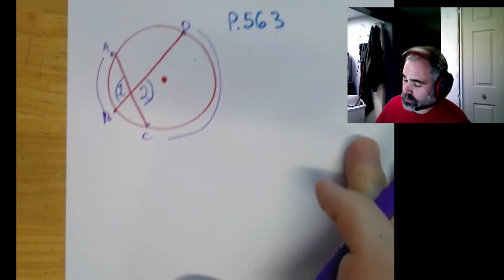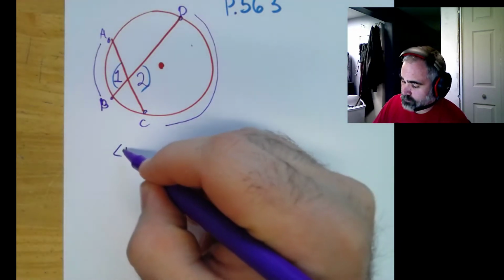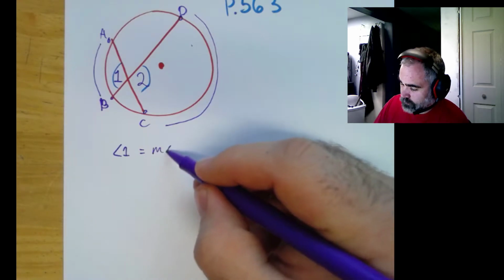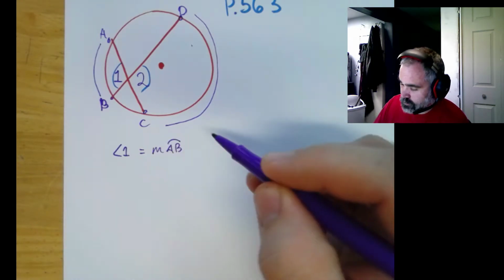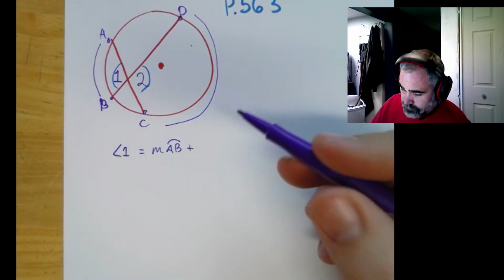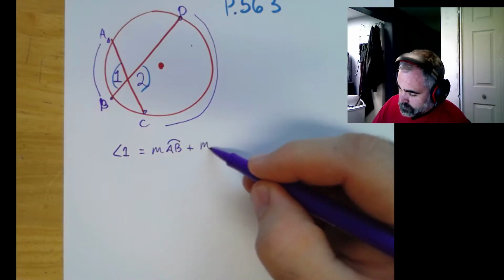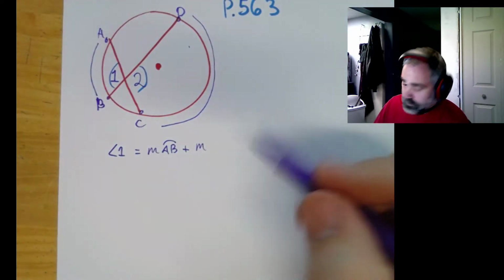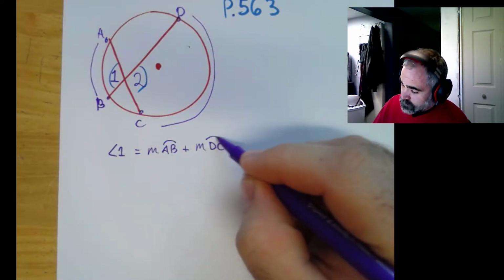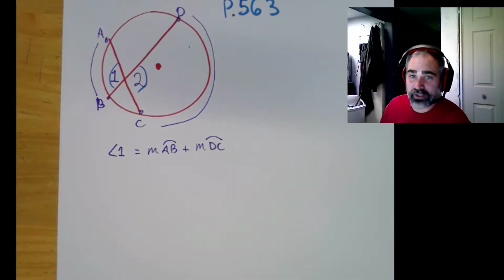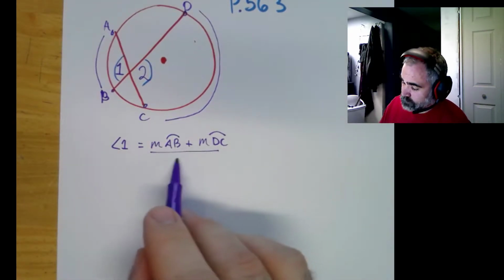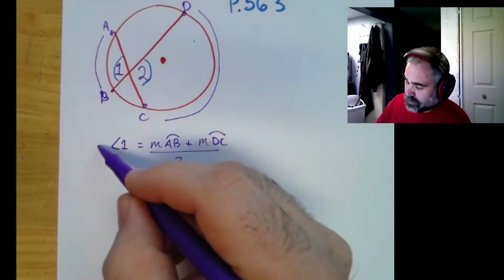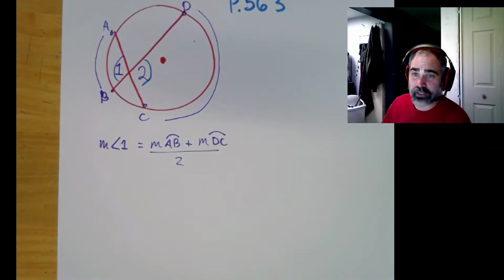So what I would say is angle 1 is going to be equal to the measure of arc AB plus the measure of arc DC, the two arcs, and I'm just going to divide that by 2. And that's it. Probably should put a little m here because we're talking about the measure of angle 1.